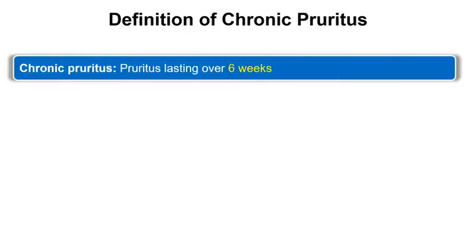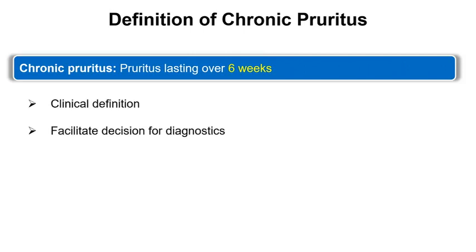As I said before, chronic pruritus is defined by the duration, 6 weeks and longer. And this is, let's say, a pragmatic clinical definition which facilitates the decision for diagnostics. So when you know your patient has pruritus 6 weeks and longer, you should take a deeper look at what's going on. Why did we frame it 6 weeks?